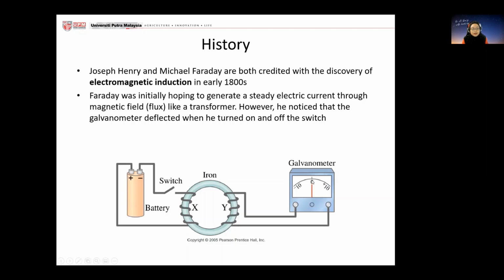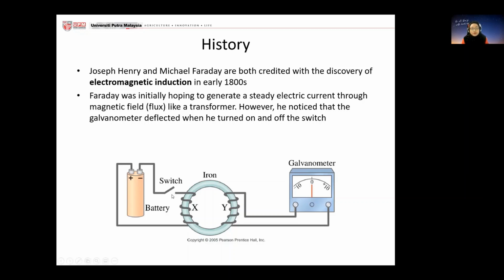So imagine, instead of a galvanometer, if you have a light bulb here, when he turned the switch on, the light bulb just blinked, and produced light just for 1 second, and then it's gone. Okay, the light is gone.